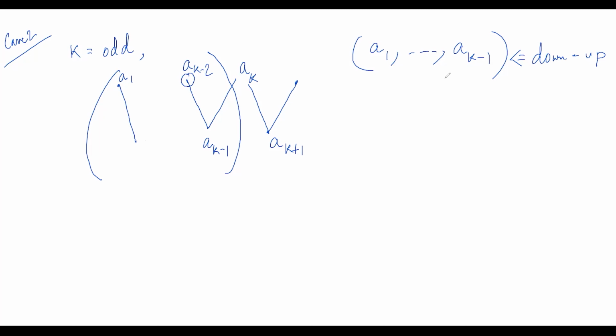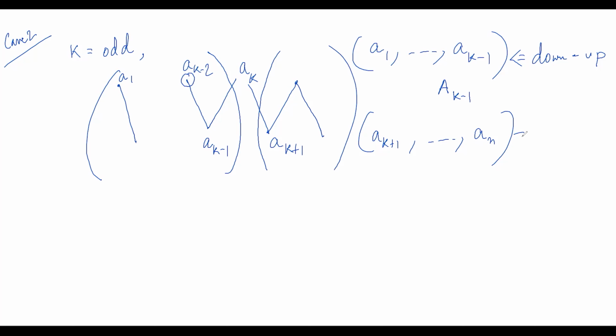And so how many down up sequences of length k minus 1 are there? a k minus 1. And now if you analyze the rest, that is from ak plus 1 till an, it's again the same. Starting from ak plus 1, it goes up and then it will obviously come down and then go up.